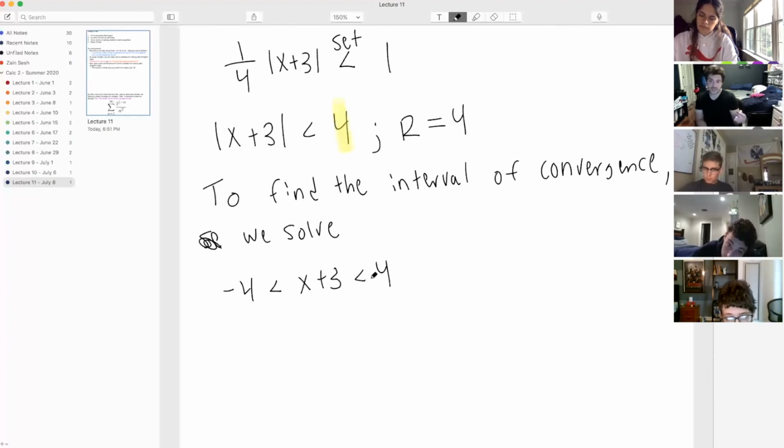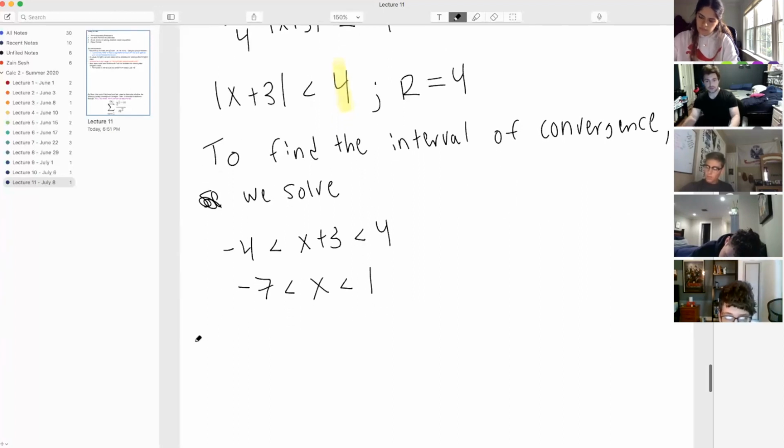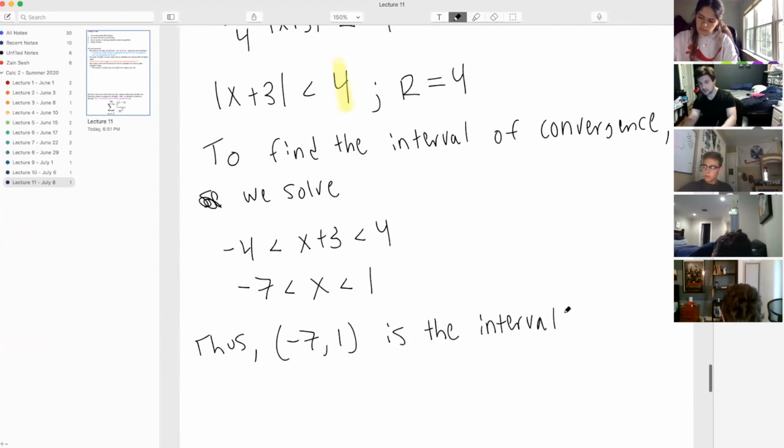This is just how you solve absolute value inequalities. And this is now -7 < x < 1. There we go. So we're done. Thus, the interval (-7, 1) is the interval of convergence.